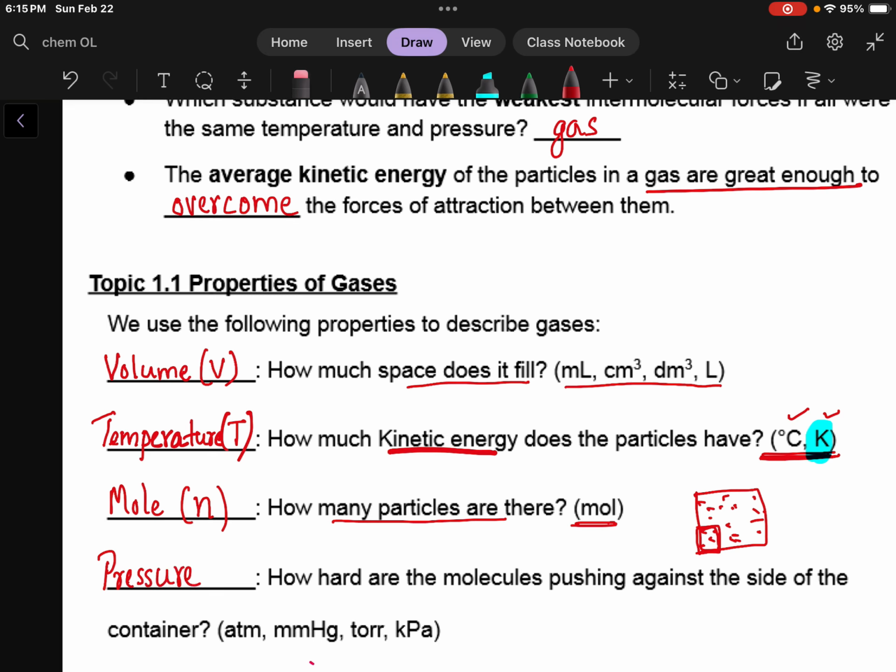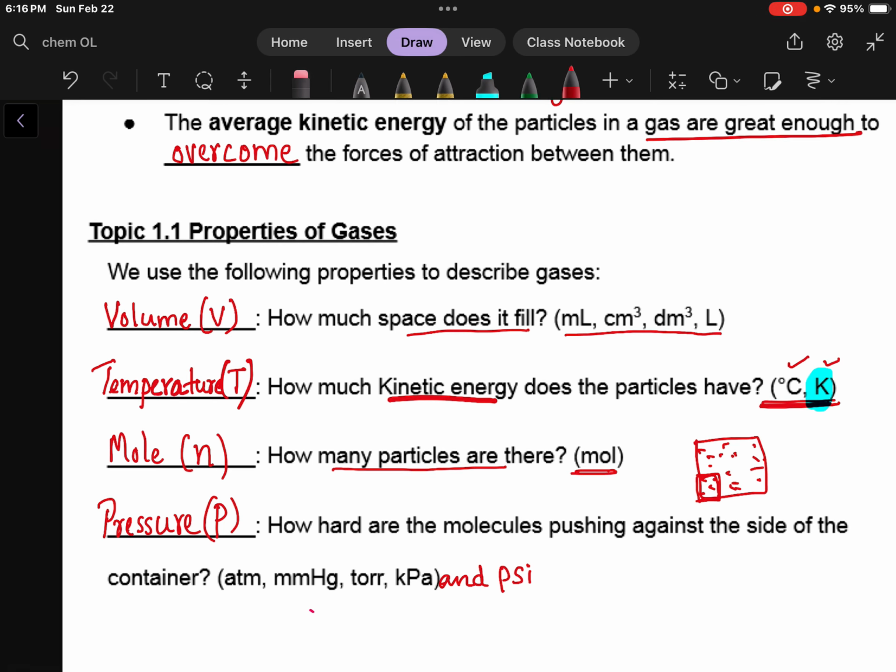Pressure is basically how many collisions per unit area, and it is represented by the letter P. And we use atm, millimeter of mercury, torr, kPa and psi. You know the tire pressure, pounds per square inch. All these are commonly used units, and the conversion factors will be given to you in your formula sheet.